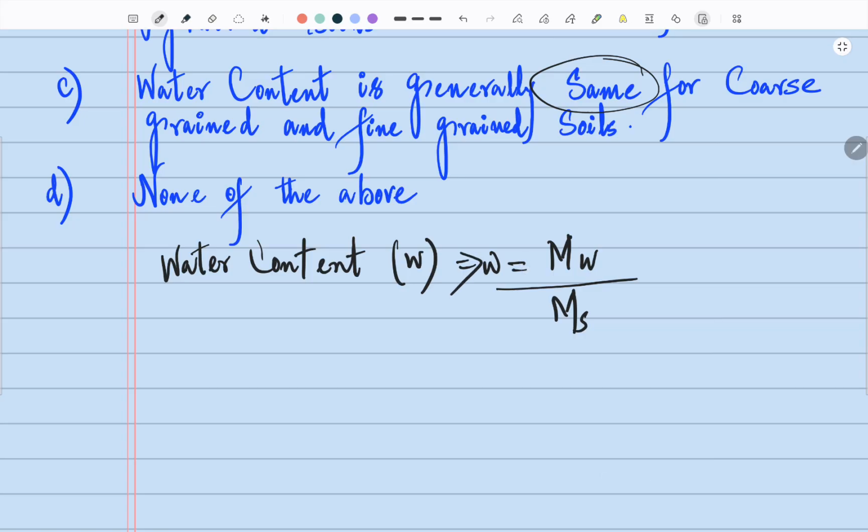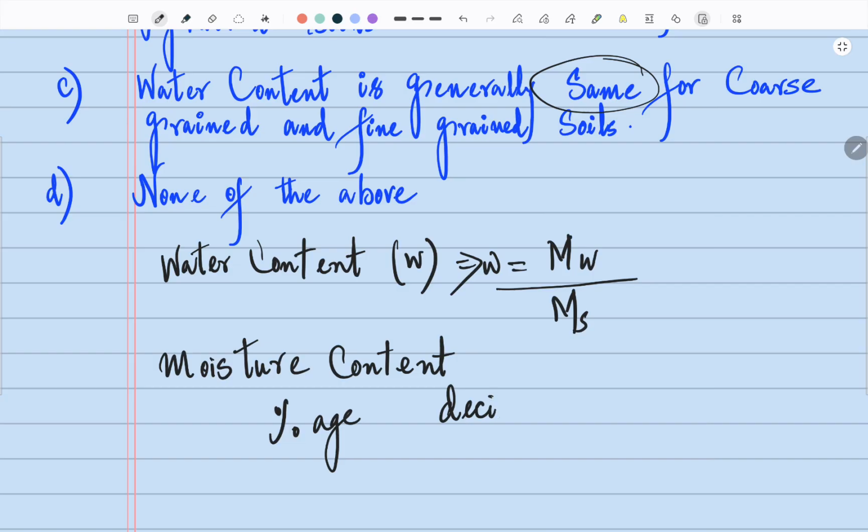In a given soil sample, the ratio between mass of water to the mass of solids is known as the water content. This water content is also known as the moisture content, and it's expressed as percentage, but it is used as a decimal in computations.